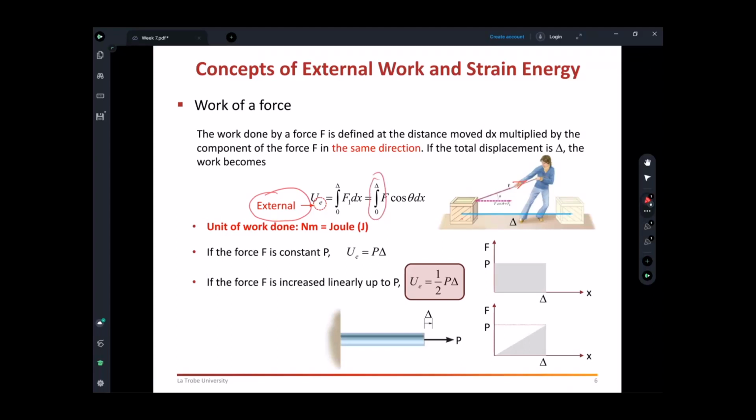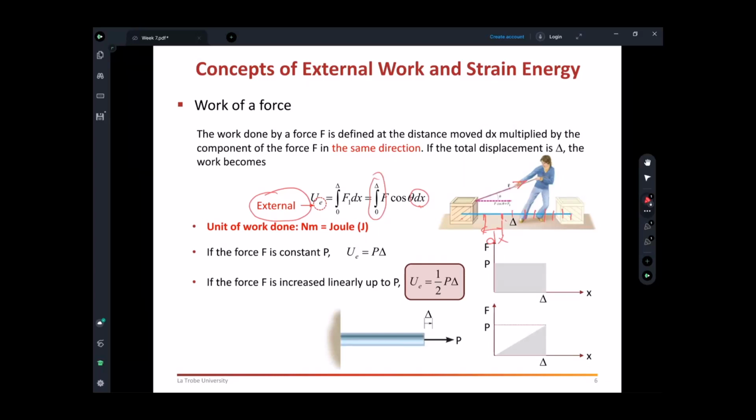If you have a very small distance dx, a tiny bit of displacement, and then you use the summation, this integration is the addition. So dx, tiny dx, tiny dx, tiny dx, you have a million dx, or billion dx, or trillion dx.